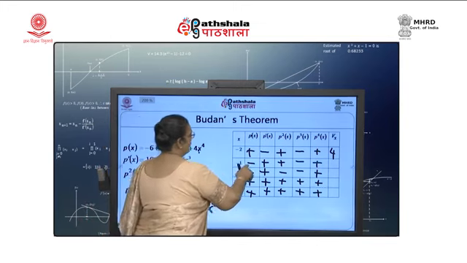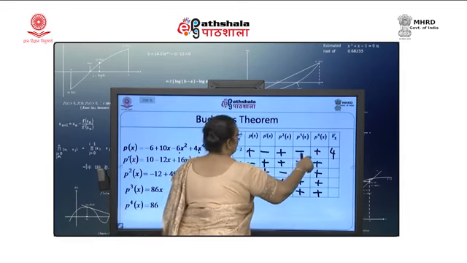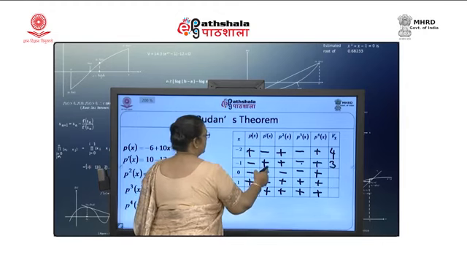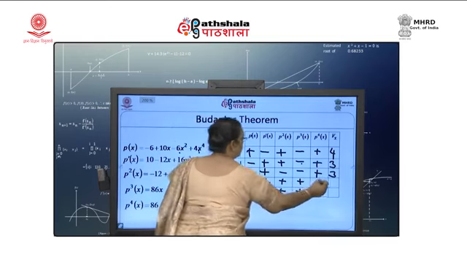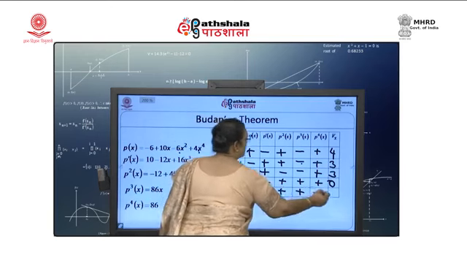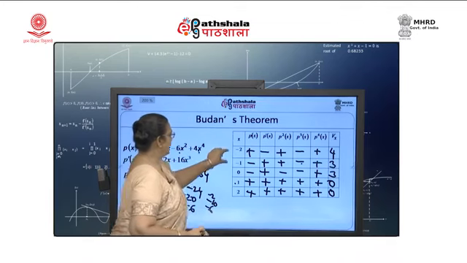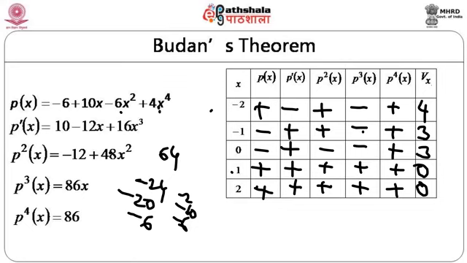For v at minus 1, there are 3 changes in sign. For v0, 3 changes in sign. For v1, no change in sign. For v2, no change in sign. And meaning by that, the number of roots in minus 2 to minus 1 will be 4 minus 3, 1.